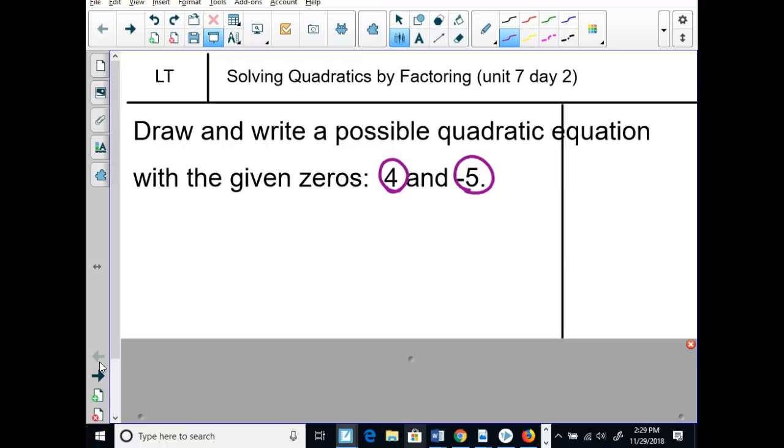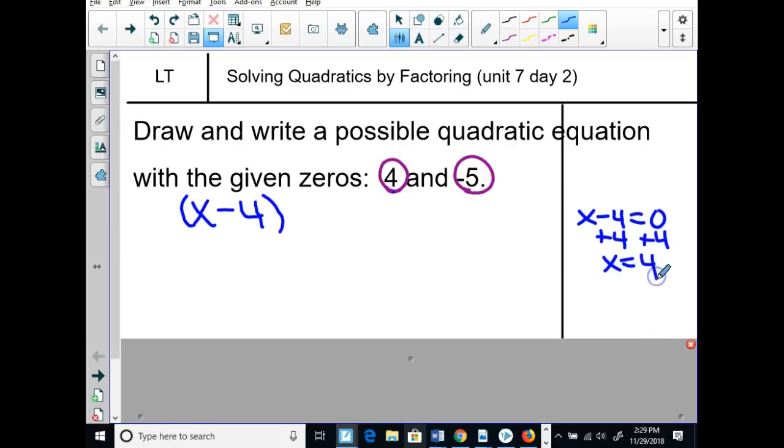4 and negative 5. Well, I know that those had to come from factors. I'm going to just take the opposite. X minus 4, that factor, if I set that equal to 0, and I solve for x, just like I've been doing, that gives me a solution of 4.